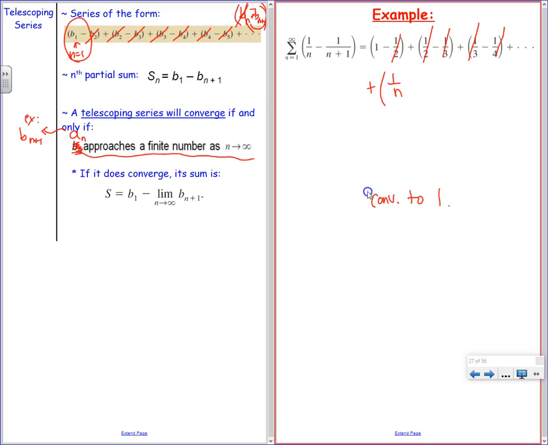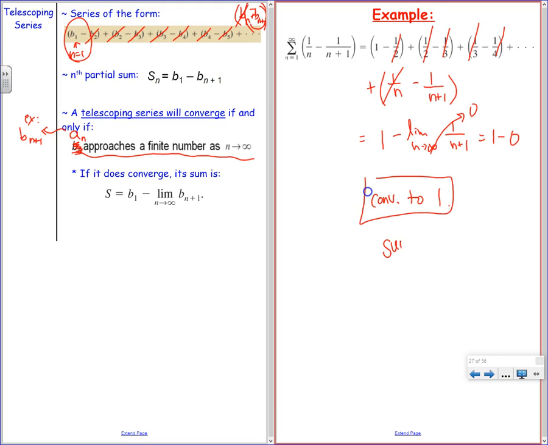So what part's going to cancel and what part's going to stay? That's going to cancel because it's going to cancel with the previous. What's going to stay? The 1 over n plus 1. So if this converges, let's test it. It would equal 1 minus the limit as n goes to infinity of 1 over n plus 1, which equals 1. So we can say the sum is 1.